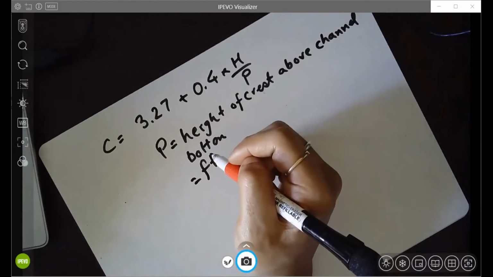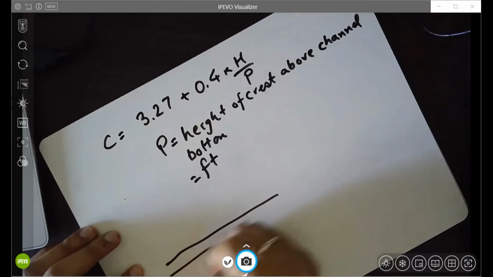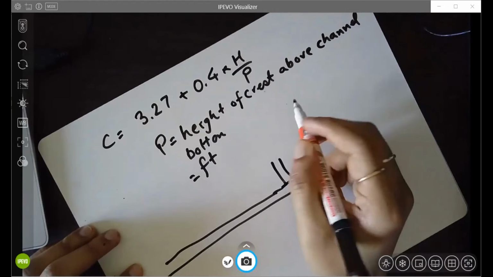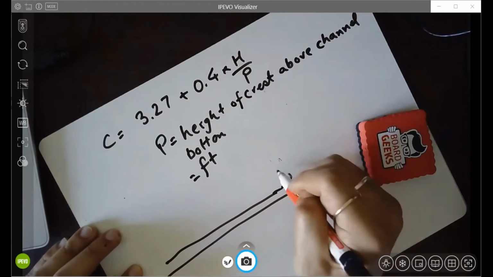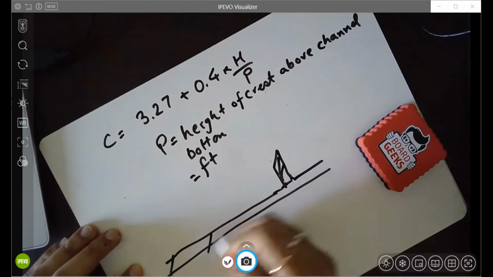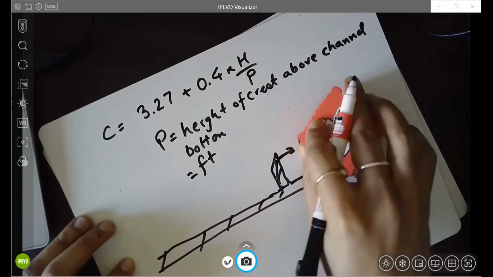So what does this mean? In our problem, this cross section of the weir will be like this. You'll find it in your homework, it's mentioned as a sharp crested weir.